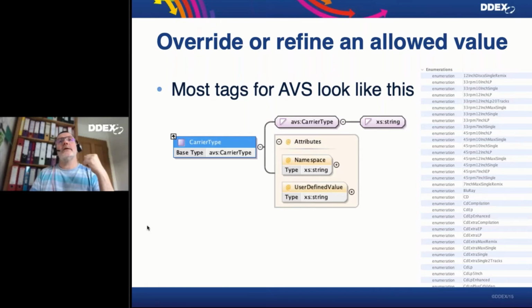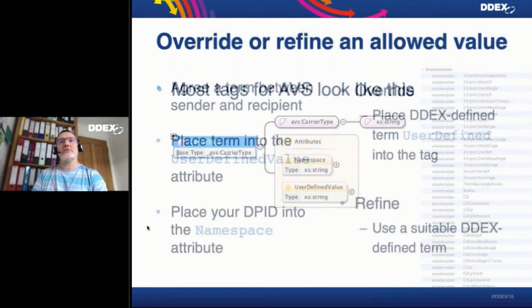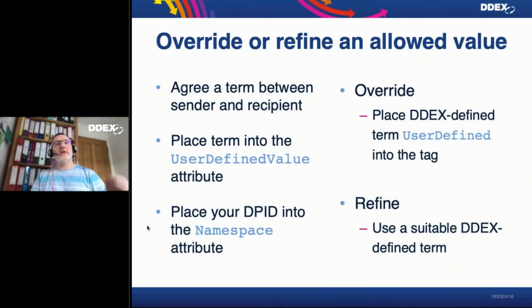So how do we now refine or override an allowed value set? Well, first of all, you need to agree a term between the sender and the recipient of the message. The term itself, the string, as well as what it means. And then you can plonk it into this user-defined value attribute.